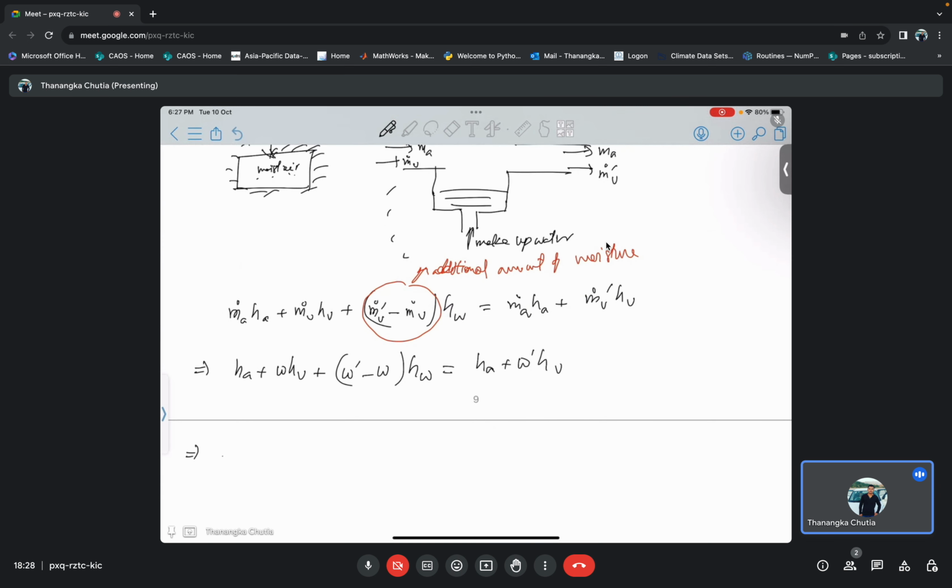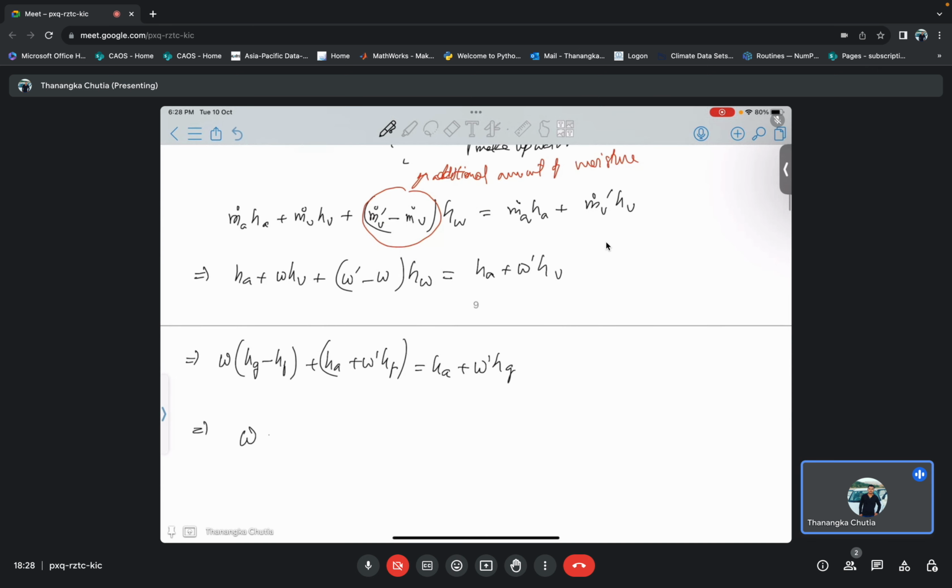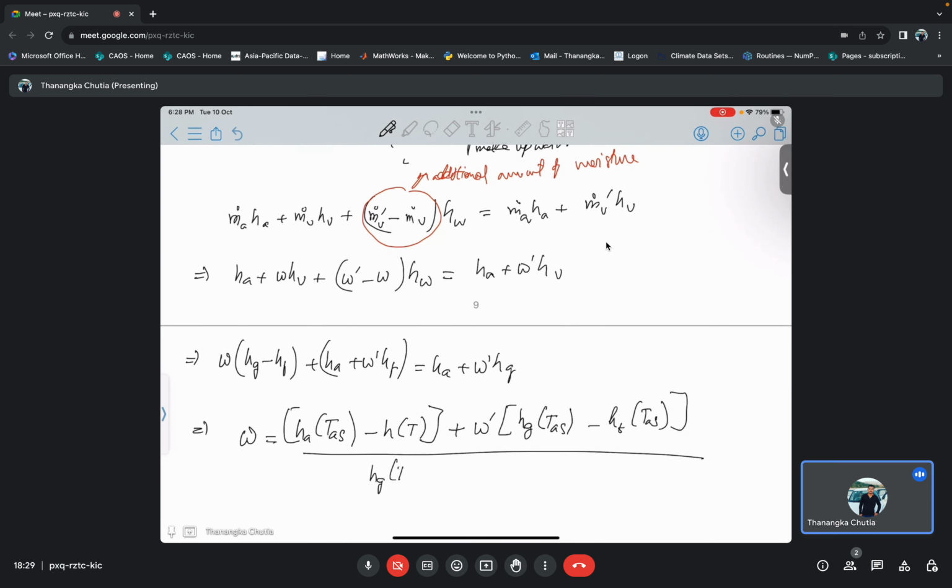Now this I can further write as w times (h_g minus h_f) plus h_a plus w prime times h_f equal to h_a plus w prime times h_g. So I can write w equal to h_a at the temperature T_as minus h_a at the temperature T, plus w prime times (h_g at the temperature T_as minus h_f at the temperature T_as), divided by (h_g at the temperature T minus h_f at the temperature T).